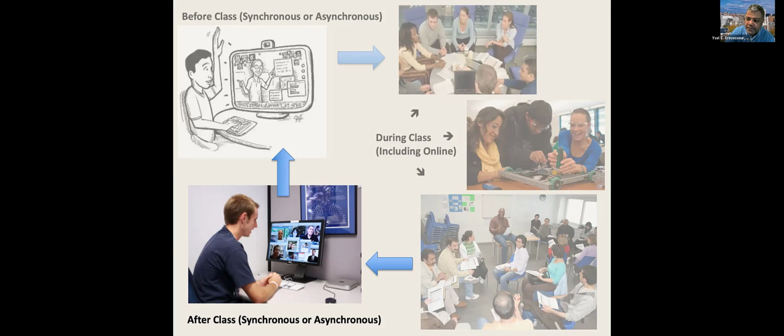So it's a recursive cycle: before a class, they're preparing for the class at hand. They go to the class session, engage in the content, and engage with their classmates and the instructor. And after class is an extension of that classroom environment and preparation for the next class session.